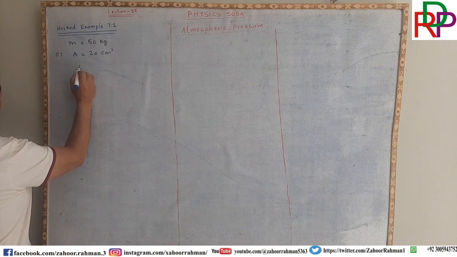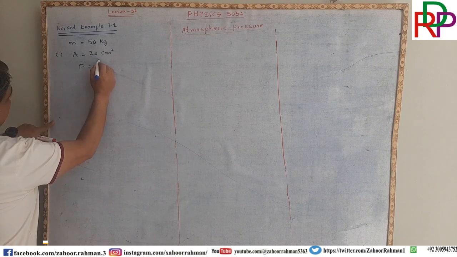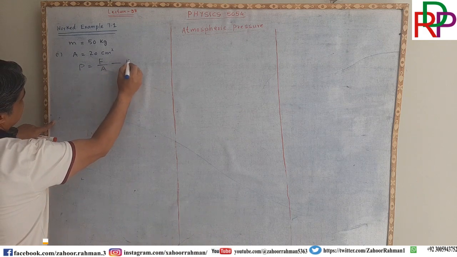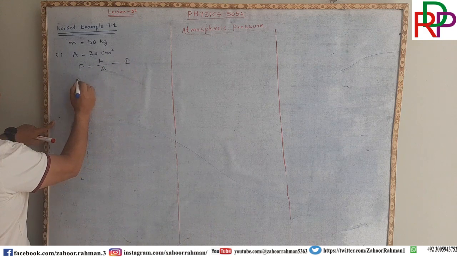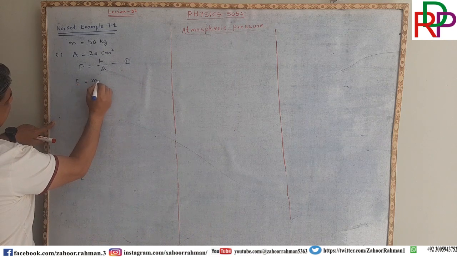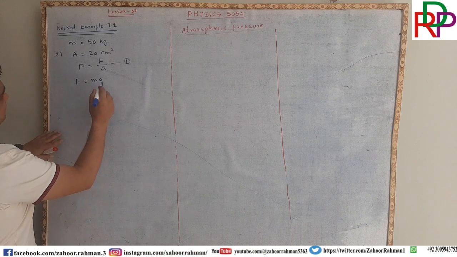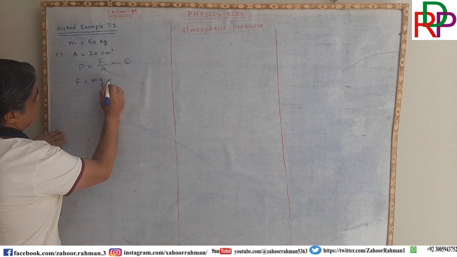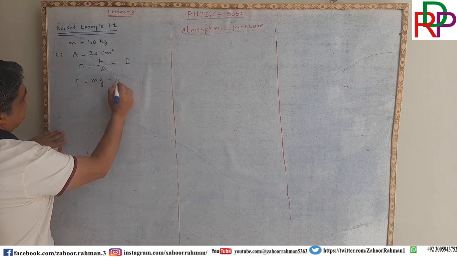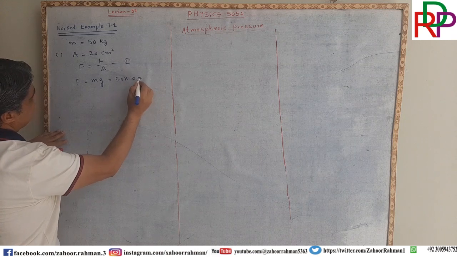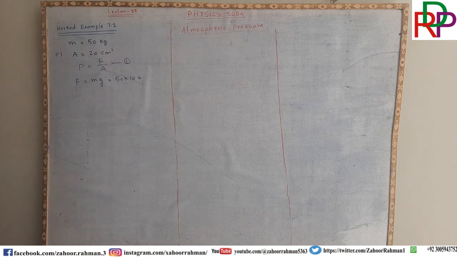So we know that P is equal to F divided by A, but F is not given. For F, we are given other data. M is there, and G is a universal constant. So M is equal to 50 and I am writing 10 instead of 9.8 for simplicity.